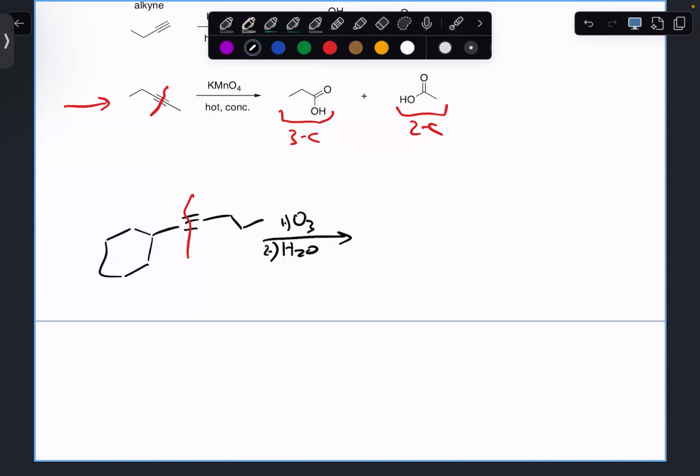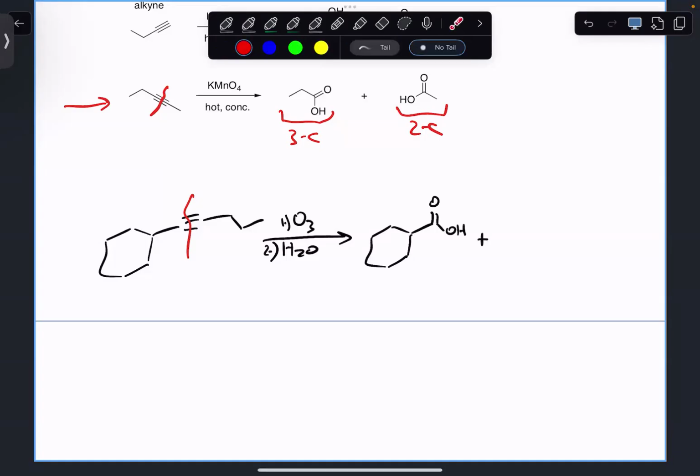So left of the split, I have the ring and one carbon outside. And then right of the split, I have a one, two, three, I've got a four carbon chain. So we should end up with that. All right. Questions on that?